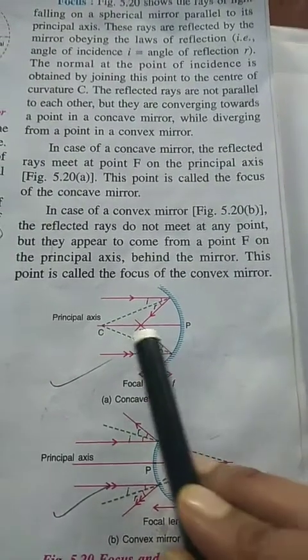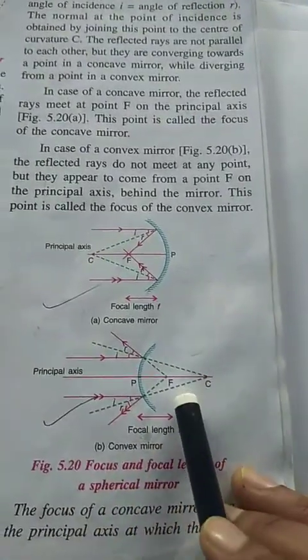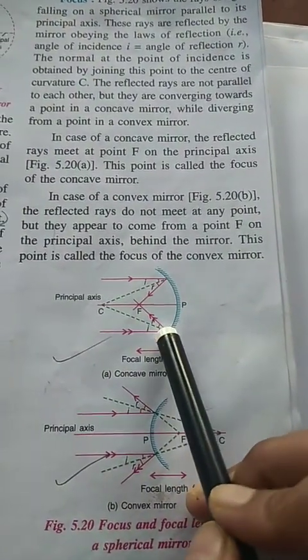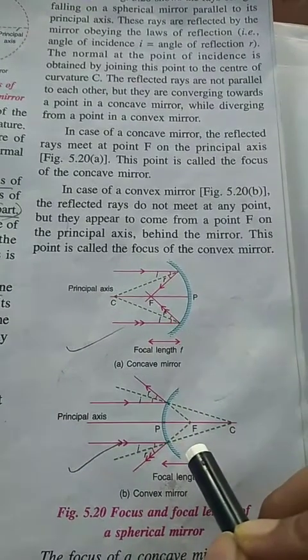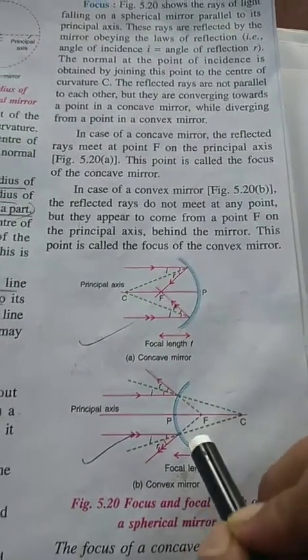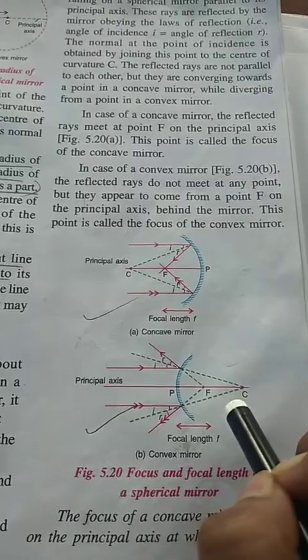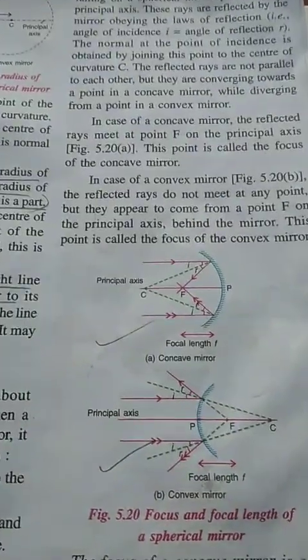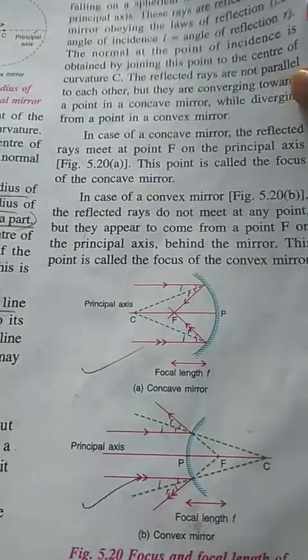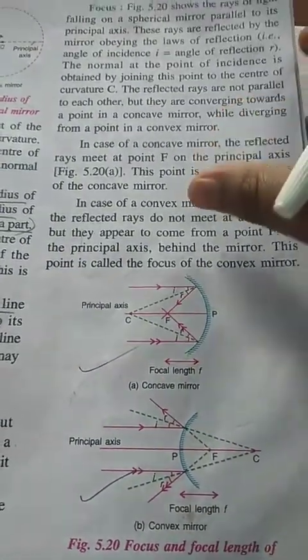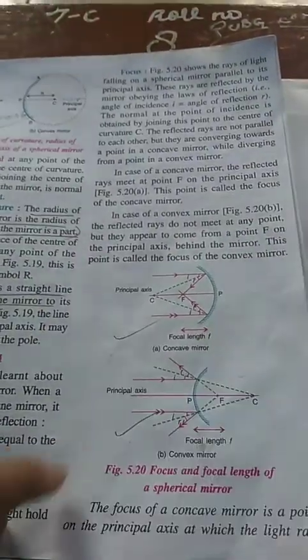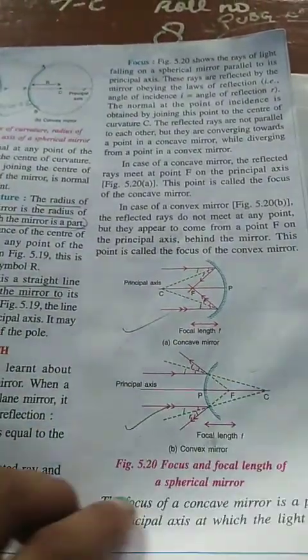Focus is inside in a concave mirror and it is behind the mirror in a convex mirror, because the concave mirror is a converging mirror and this mirror is a diverging mirror, so it will diverge the rays outside. So focus is inside in a concave mirror and outside in a convex mirror, and focus is a point where the reflected rays meet.